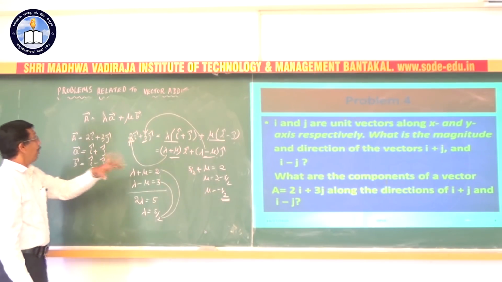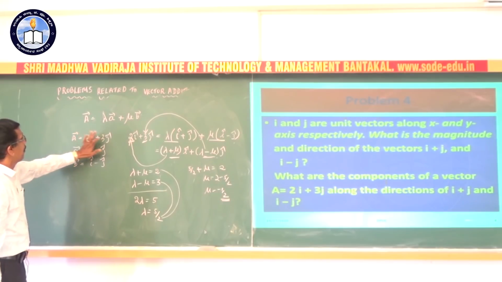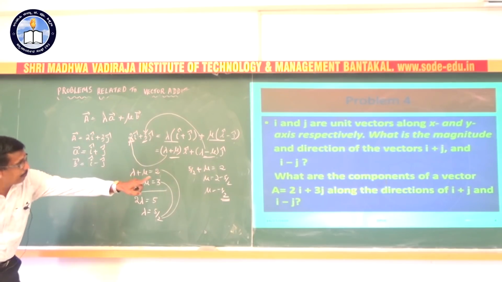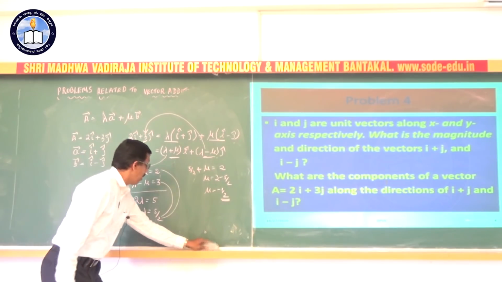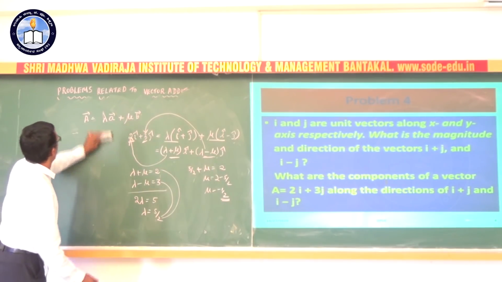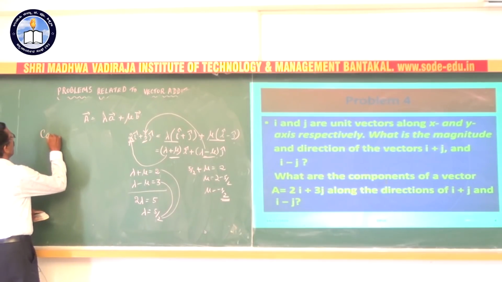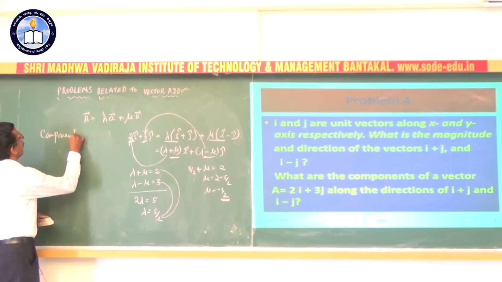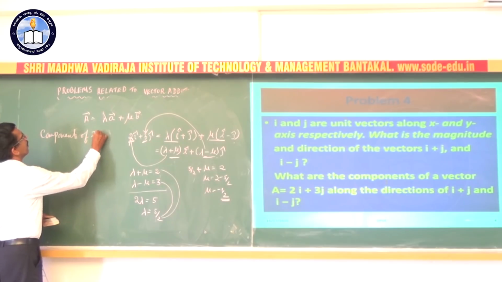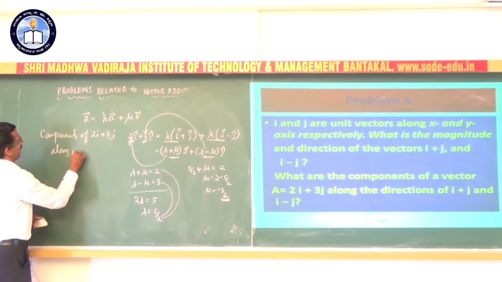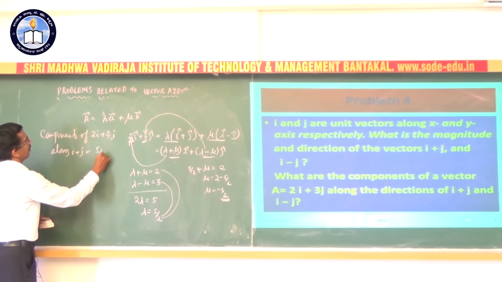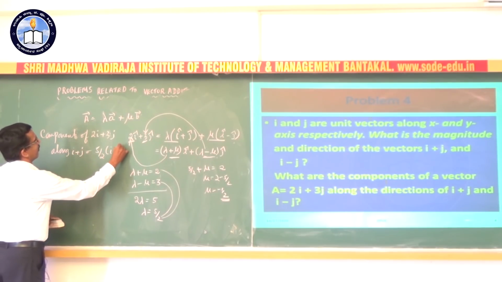So the components of 2i plus 3j along i plus j and i minus j are as follows. The component of 2i plus 3j along i plus j is nothing but 5 by 2 into i plus j.